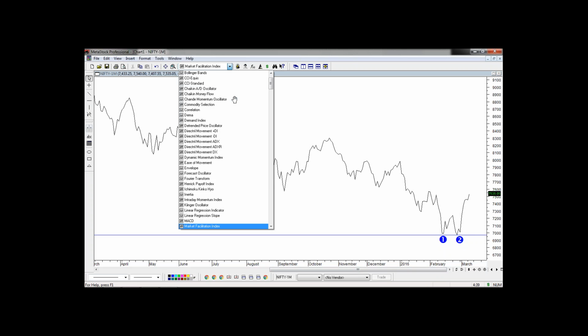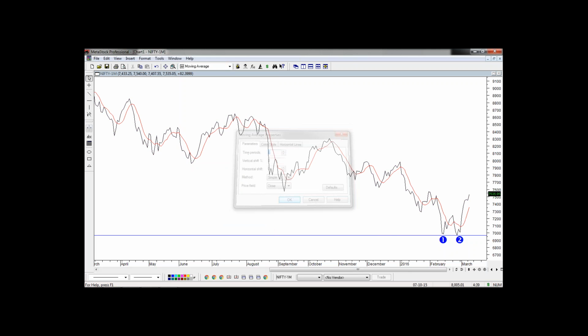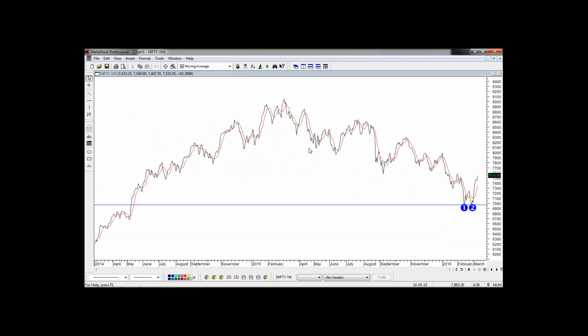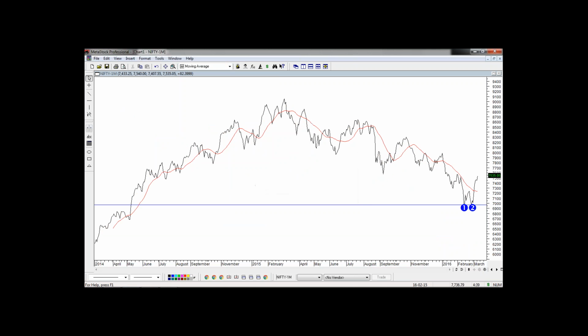So this was my first confirmation that okay, this stock, the counter, is somewhere making a bottom, and maybe I can go out and venture out with my buying strategy. So what next I would be doing is getting a confirmation out of a moving average line. So I have drawn a 25-day moving average line.